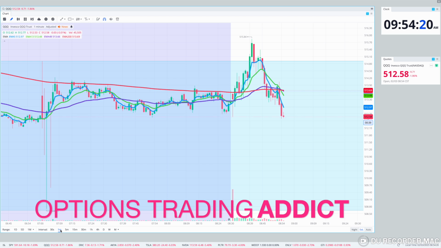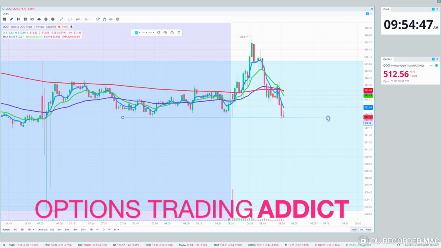All right, so what's going on? We've got all EMAs aligned, but that 48 is still sitting right there tight with that 200 EMA. So I would want to give this a little more time to break. And plus, we're sitting here at a support level.